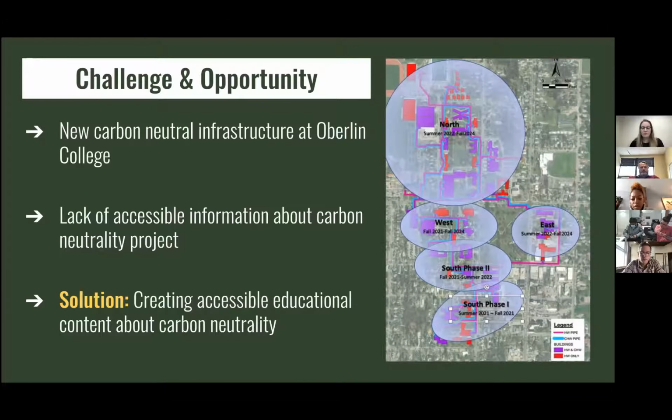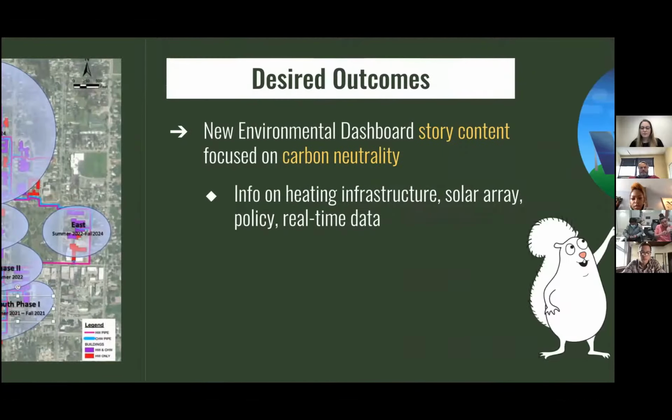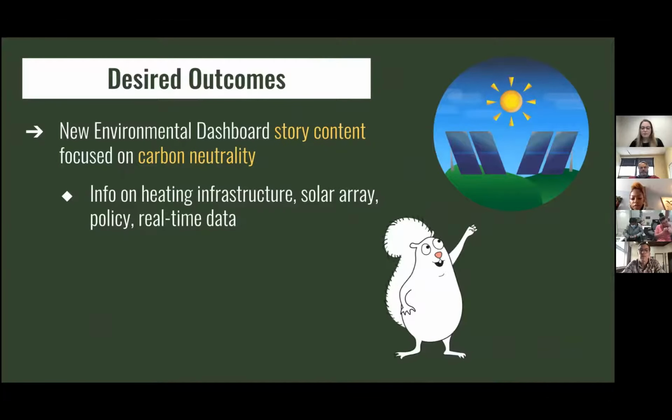So yeah, Claire's going to talk a little bit about what our goals for this project are. Yeah, and in order to address this, we are going to create new environmental dashboard story content that focuses on the carbon neutrality programs going on in Oberlin. So we're going to do heating infrastructure, solar array, environmental policy, and real-time data to educate the community on what it is, how it works, why it's important.